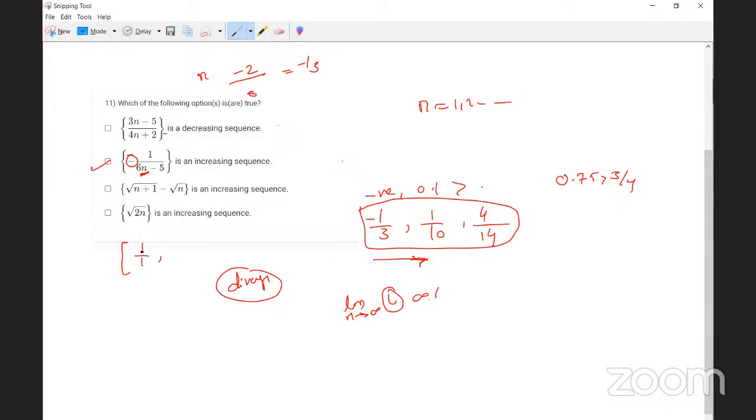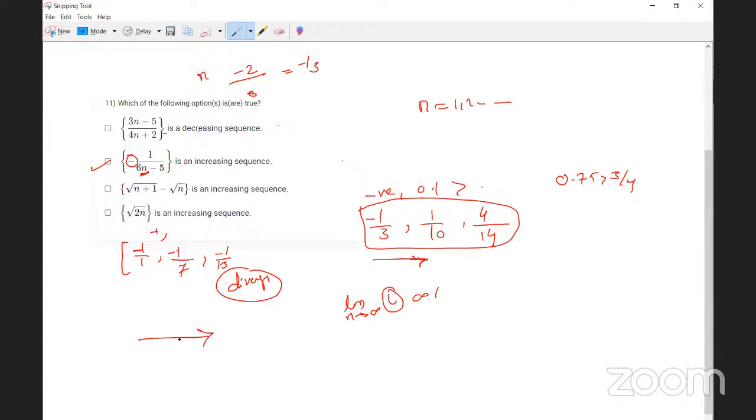If I put n equals 2, it is minus 1, then minus 1 by 7, which is greater than minus 1. Putting n equals 3, 18 minus 5 gives 30, so minus 1 by 30. So we are increasing.